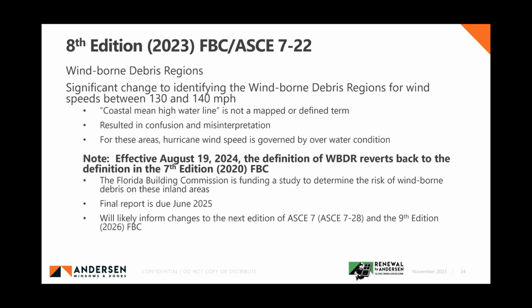As a result of that, Florida has effectively now reverted back to the old definition in the 7th edition Florida Building Code, Building. Okay, this became effective August the 19th of 2024. So we're back to using what we were in the 7th edition and what we've used historically.